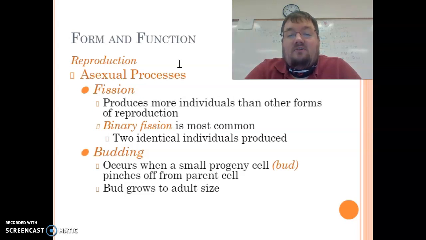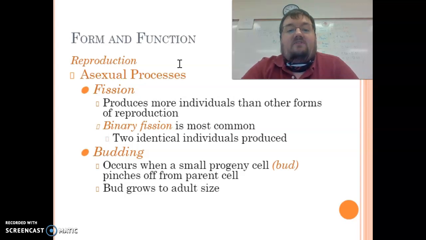Bi means two, so binary fission means that you're starting with one adult protozoan organism, and it's essentially splitting into two smaller protozoan organisms that eventually become adults themselves and reproduce in the same fashion. Okay, so the process of fission produces more individuals than other forms of reproduction, and binary fission would be when you have one individual splitting into two. Kind of how some other single celled organisms or bacteria also use binary fission to reproduce.